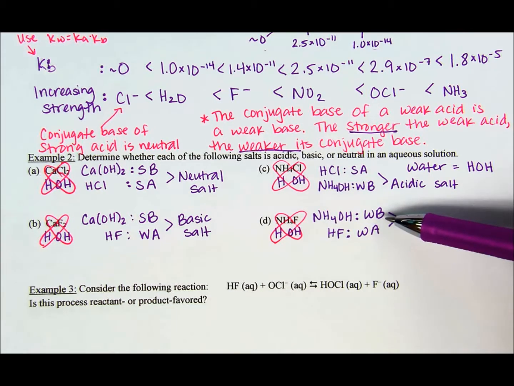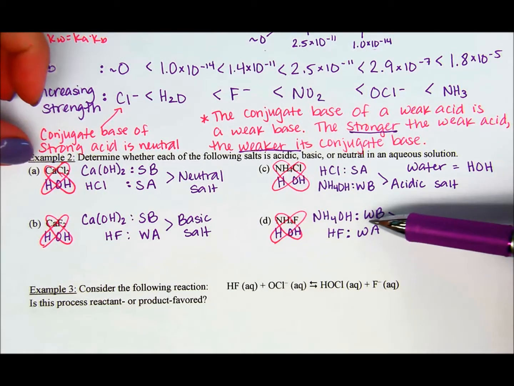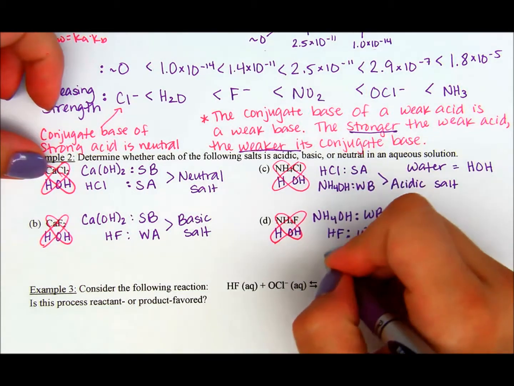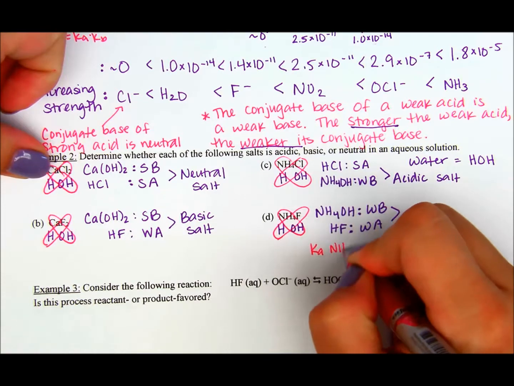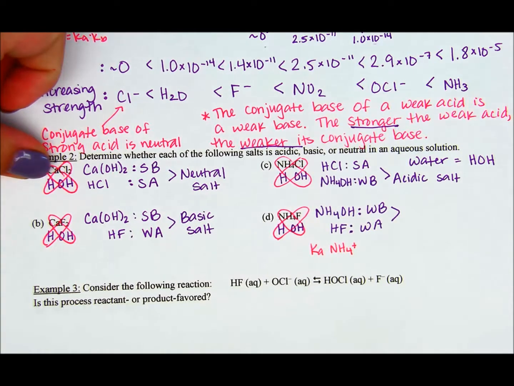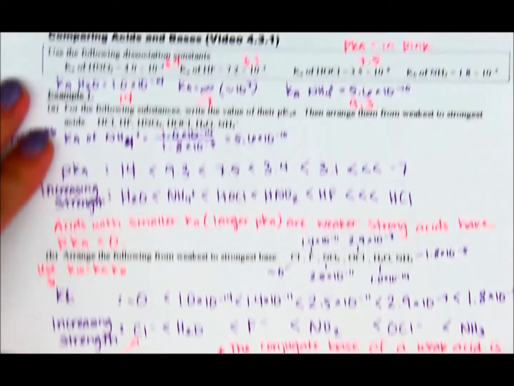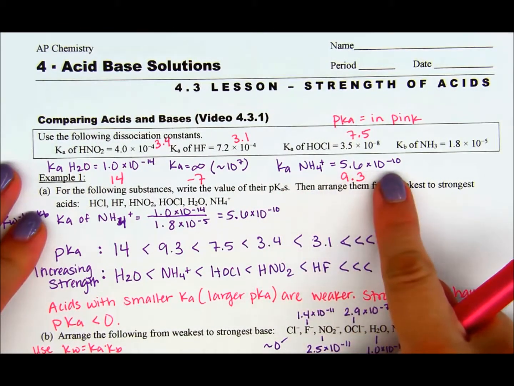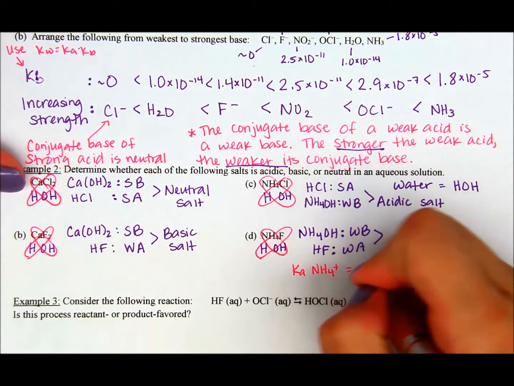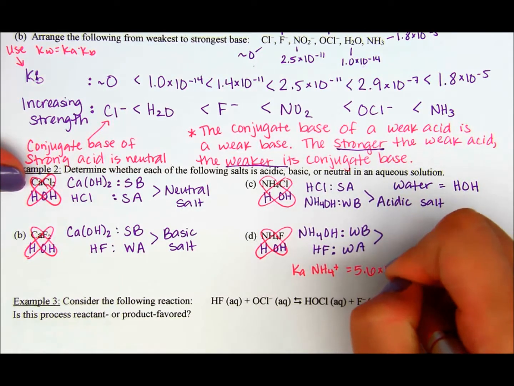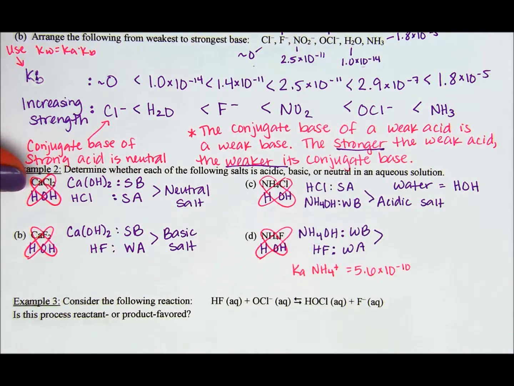So the Ka of NH4+, which we calculated way up here at the top, is 5.6 times 10 to the negative 10.